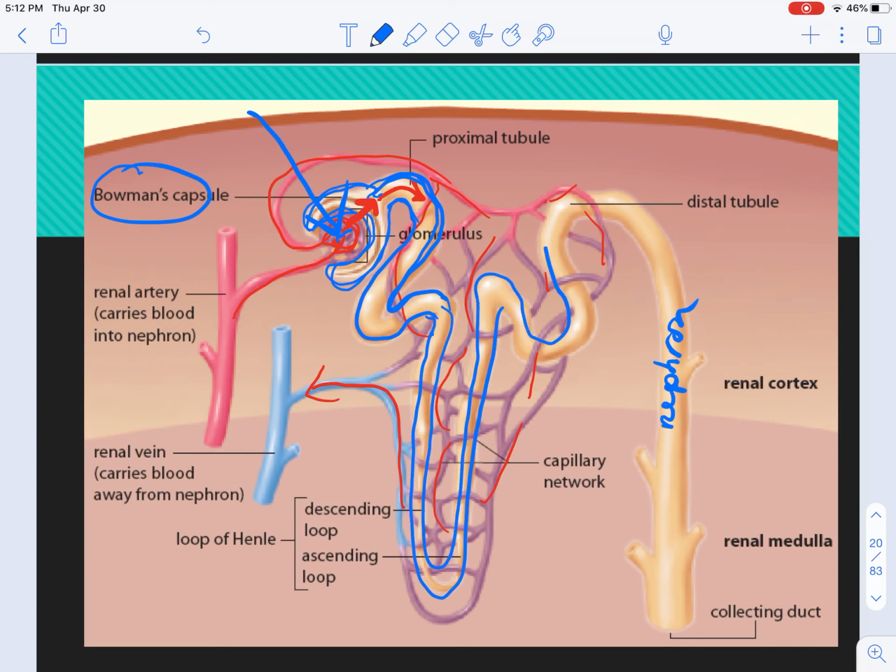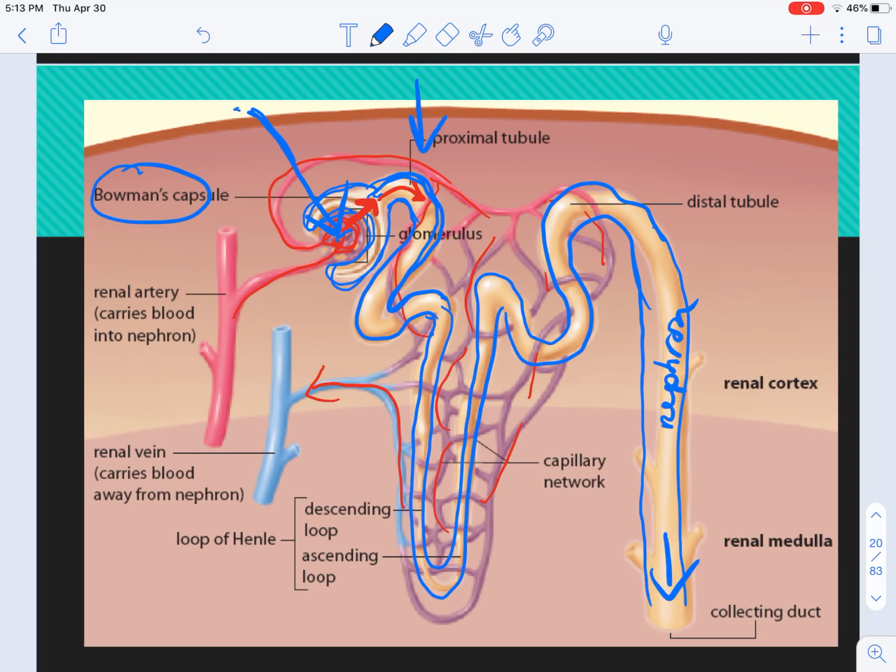Then you have this big loop at the bottom called the loop of Henle. And then the more distant one is called the distal tubule. And then we've got the collecting duct, which is where the urine collects, and we'll head towards the renal pelvis, down the ureter, and into the bladder for collection.